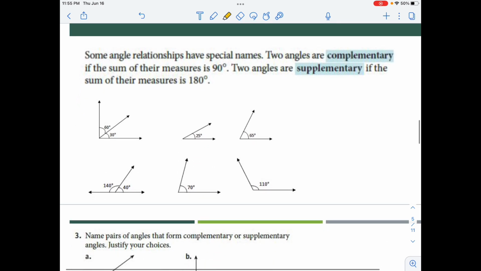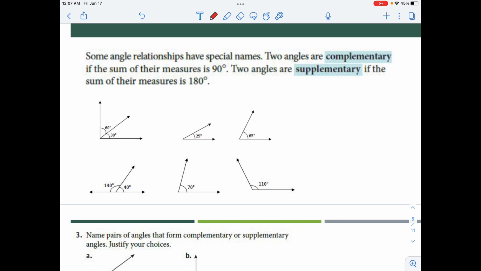Some angle relationships have special names. Two angles are complementary if the sum of their measures is 90 degrees. Two angles are supplementary if the sum of their measures is 180 degrees.